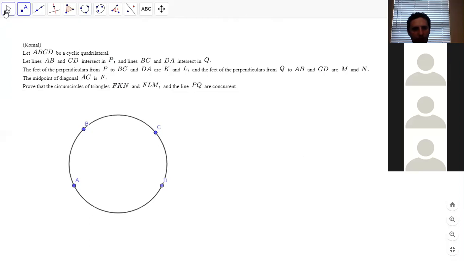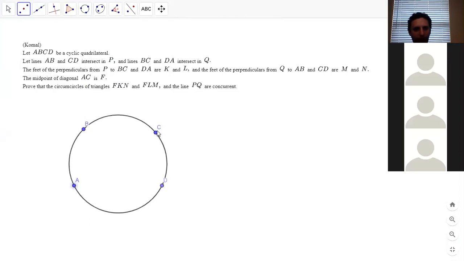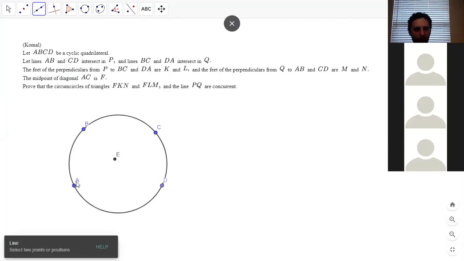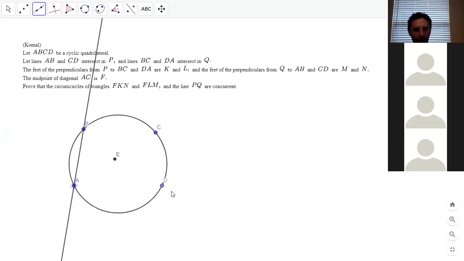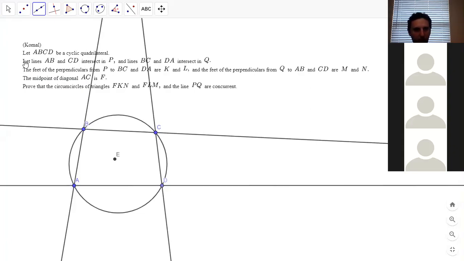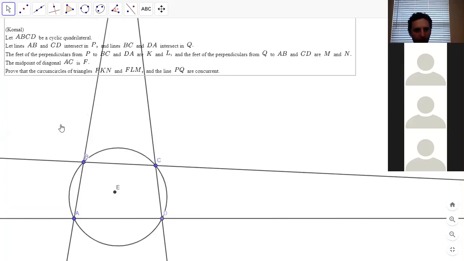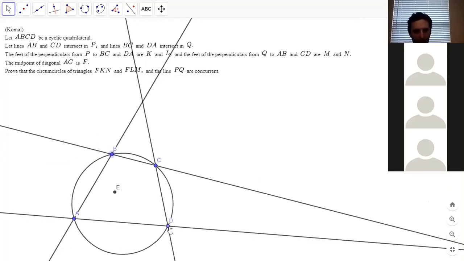Okay. This actually looks kind of familiar too. I'm just going to draw it. Let me make it a super small diagram.